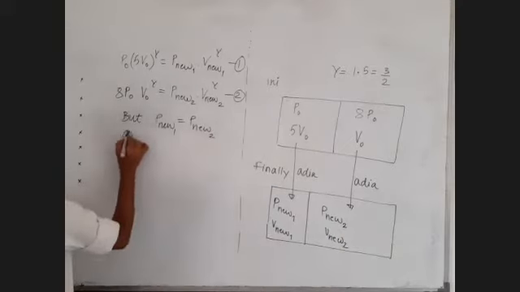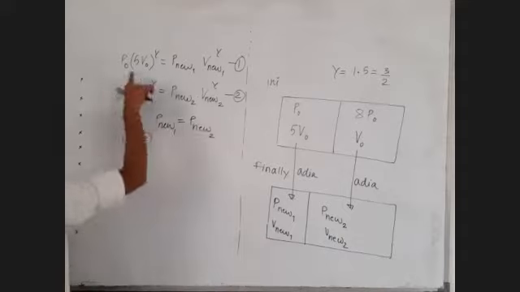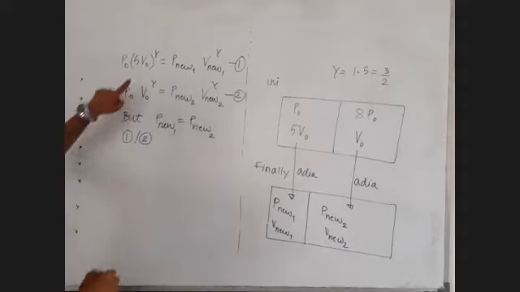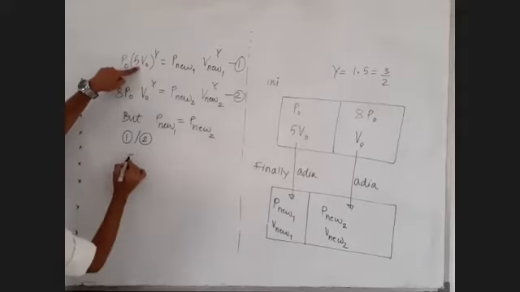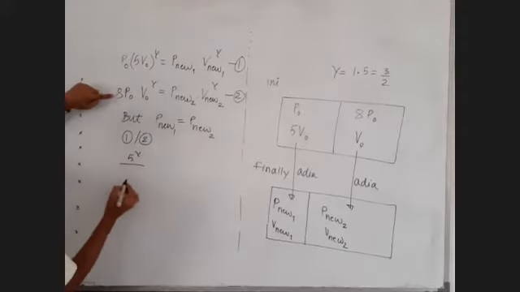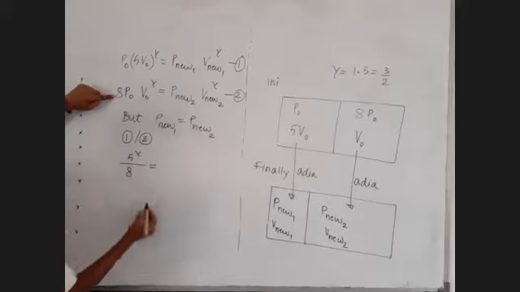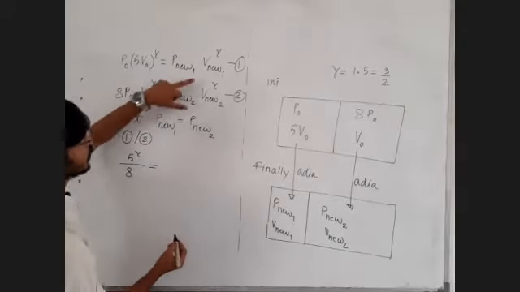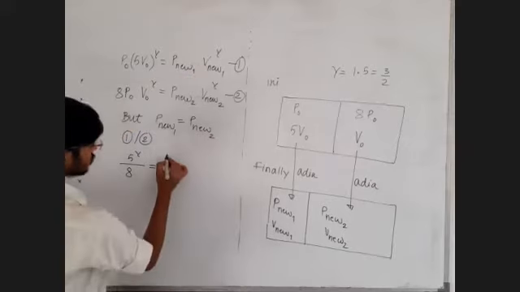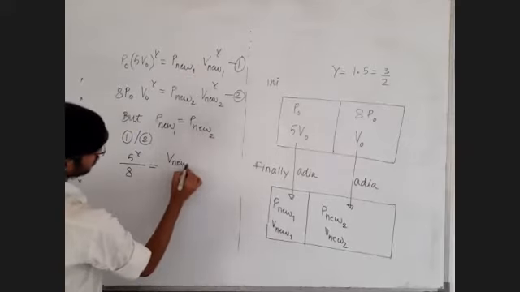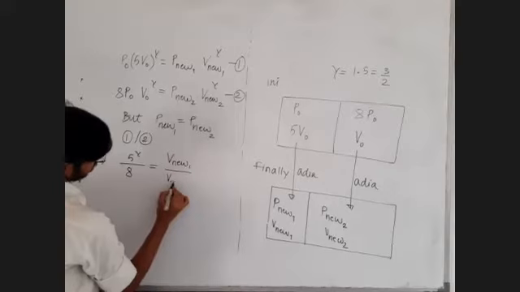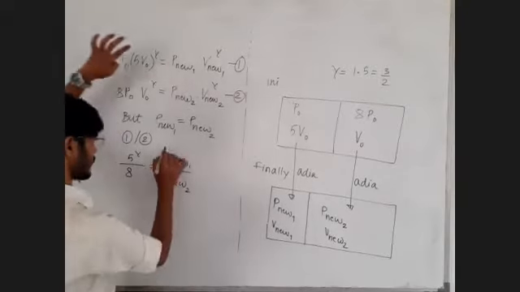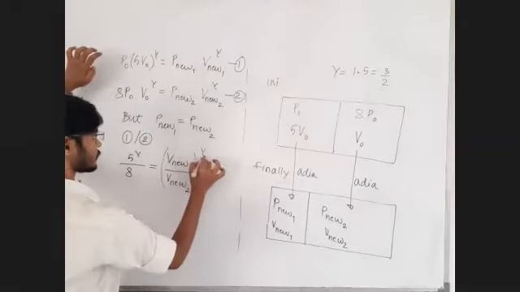Now taking the ratio of 1 and 2, P0 and V0 raised to gamma get cancelled. Here we get 5 raised to gamma divided by 8 is equal to V nu 1 divided by V nu 2, whole raised to gamma. P nu 1 and P nu 2 get cancelled because they are equal.